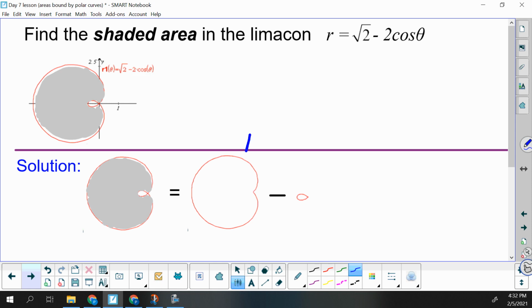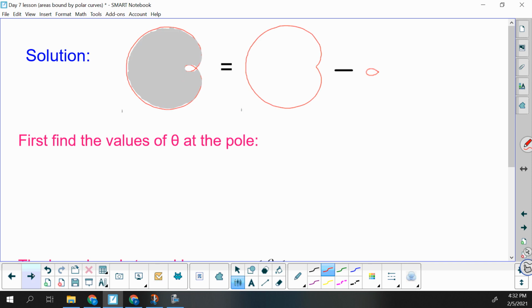We're going to find the whole area, including that little loop that's missing, and then we'll subtract off the little loop. So we'll do an area from here to here, and then we'll subtract off our area from there to there. So that's the plan that we're going to work with.